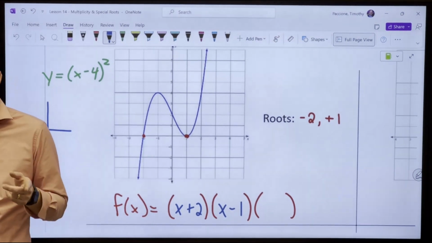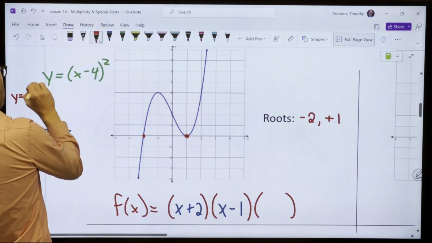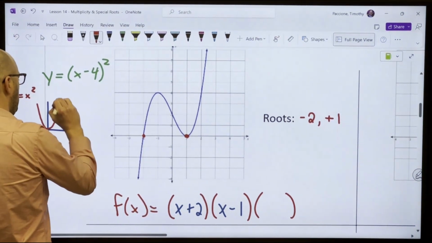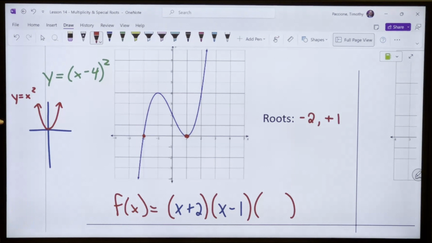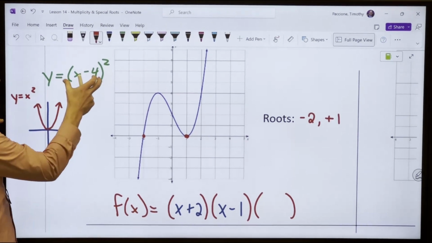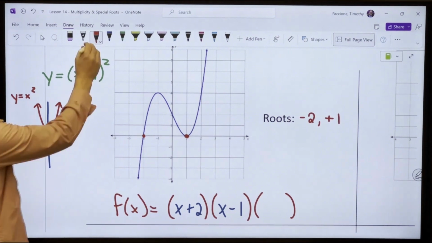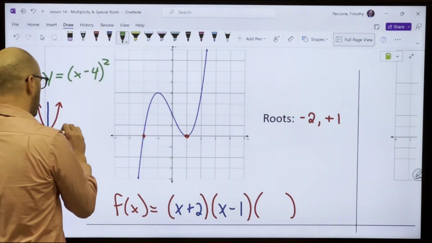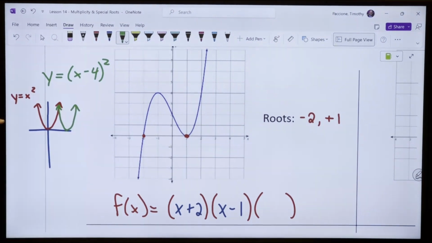This was a while ago, though, right? The parent function of y equals x squared would just be right here, right? And then minus 4 on the inside tells me what? What does a minus 4 on the inside tell me to move the parent function? 4 to the right. So I would go to 4, and then I would have this situation, right?